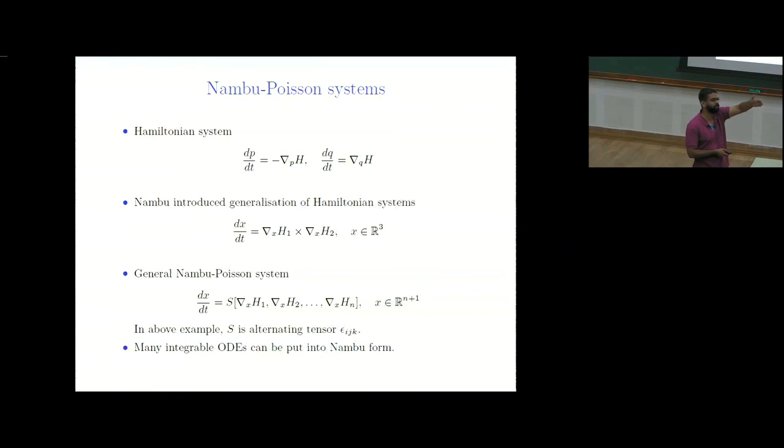In fact, I think Rukmini's advisor was the one who showed one of those things. He actually wrote a very interesting paper where he puts a lot of different Hamiltonian problems into Nambu form, and you do need to find the overall constant to divide by to get the precise Hamiltonian that you recognize.